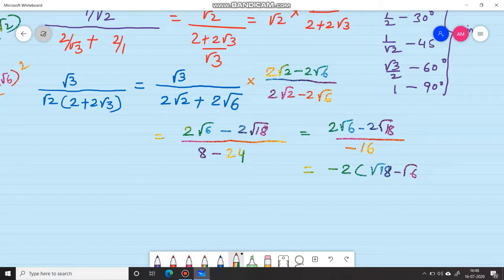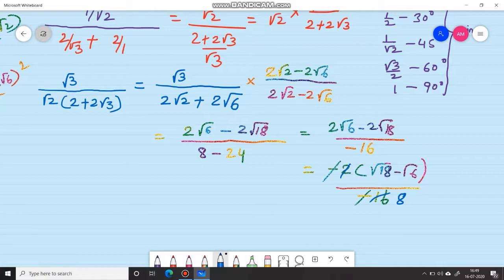Here you have to understand, children, if you take out minus, this part will become minus and this part will become plus. Okay, I have taken out the minus part. Now write down here minus 16. So see, minus and minus cancelled, and you can cancel 2 also. 2 1s are 2 and 2 8s are 16. So here you are left with root 18 minus root 6 by 8.